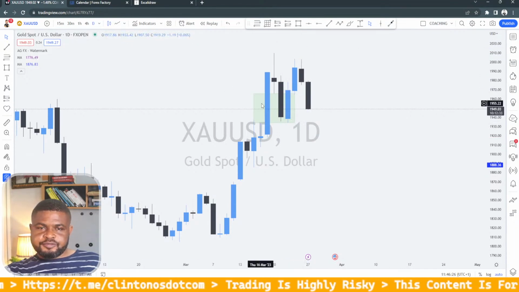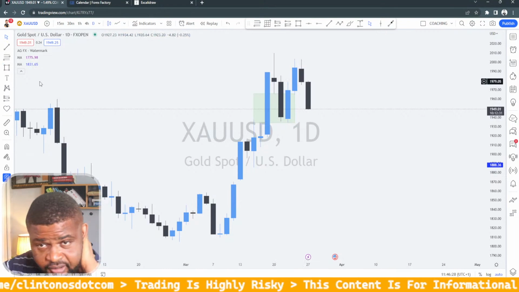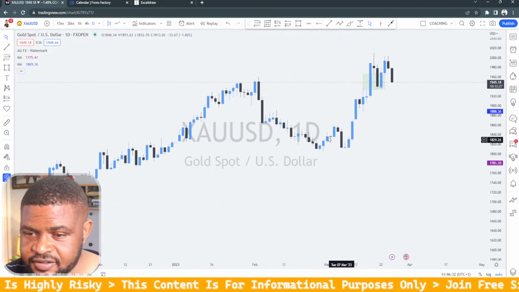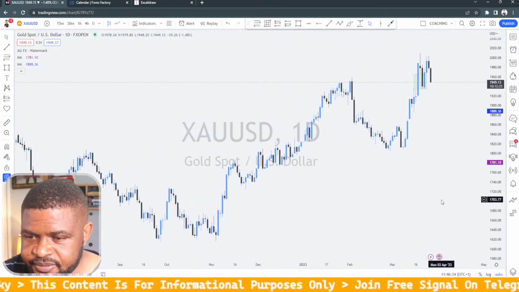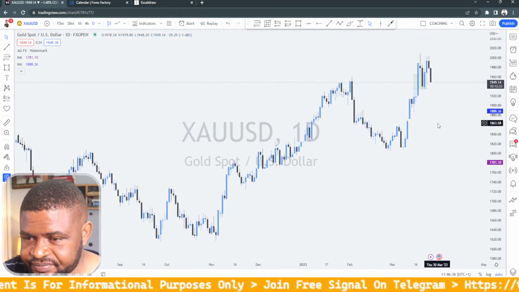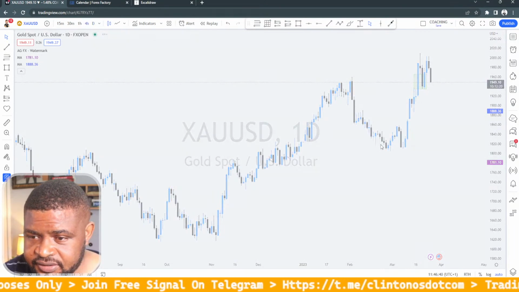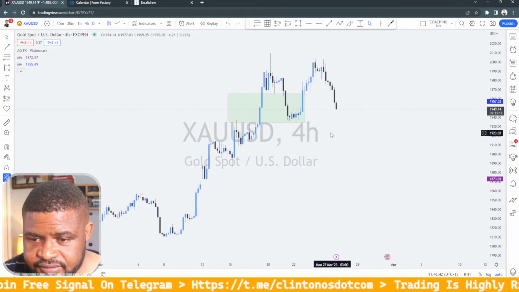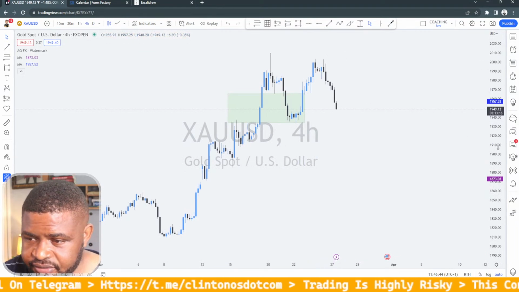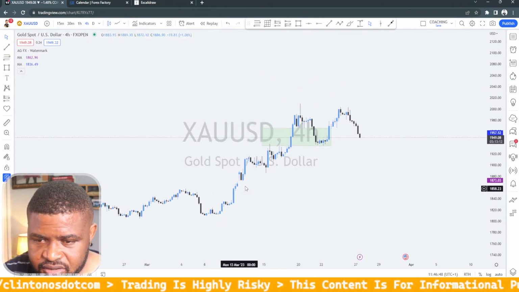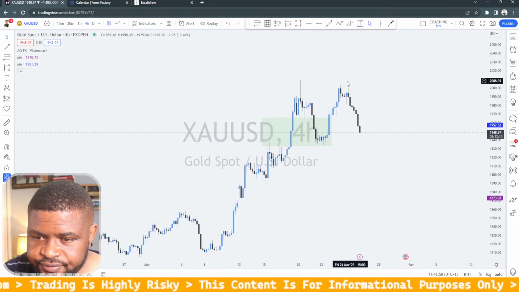But gold is moving, although I didn't do any analysis on gold. I've not checked gold for some time, but you can clearly see it's an uptrend. So trust me, I've not checked gold for some time, so I cannot speak confidently.